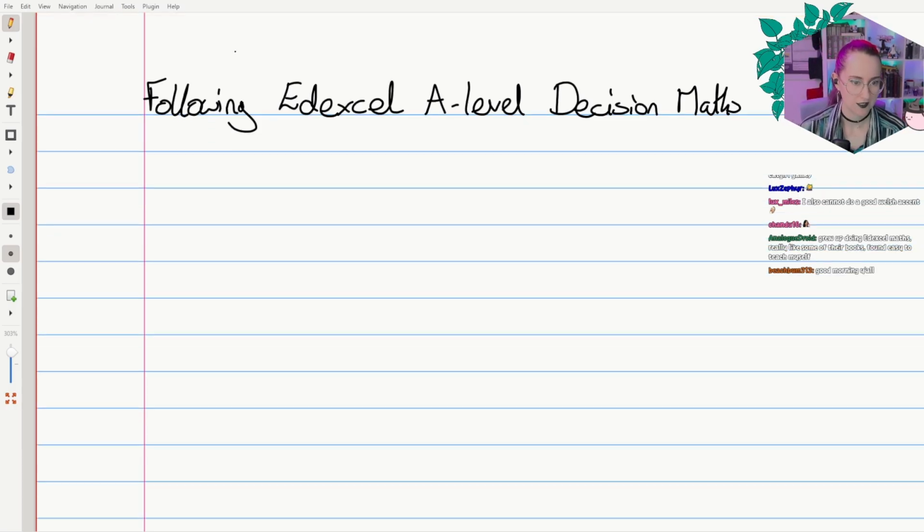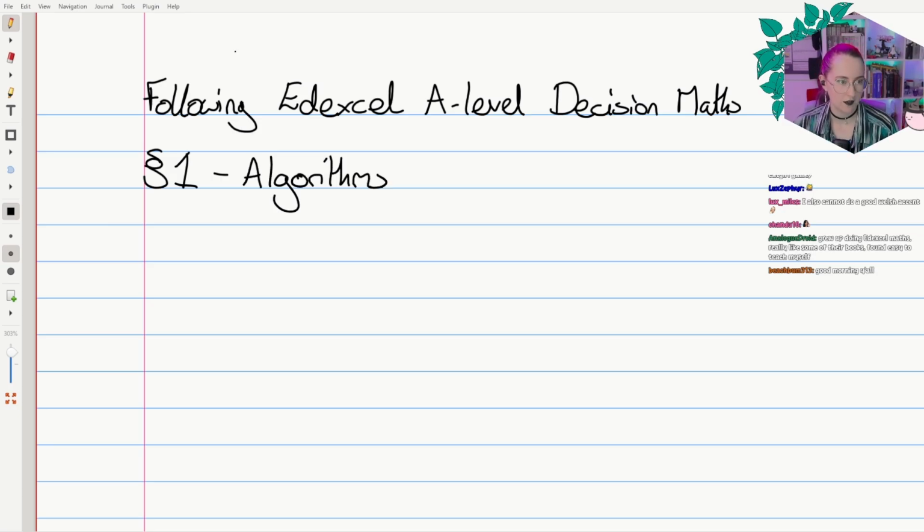Okay, so chapter 1 is algorithms. So algorithms are basically a set of instructions that tell you how to do something.